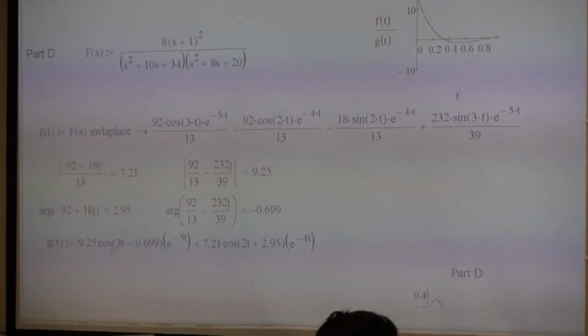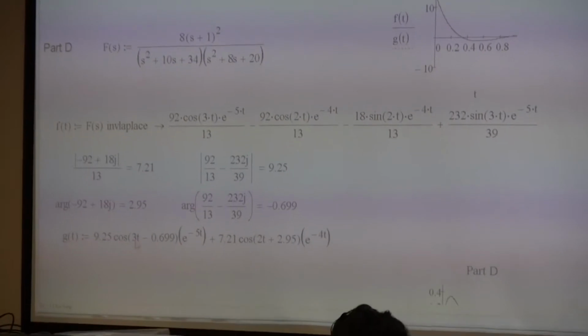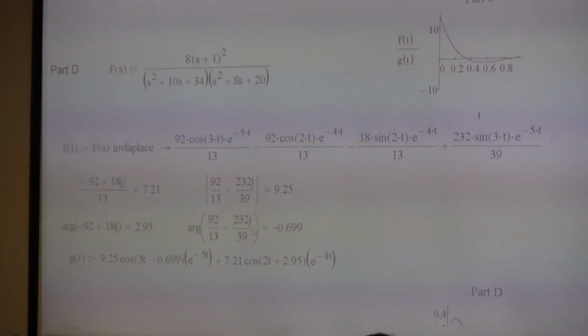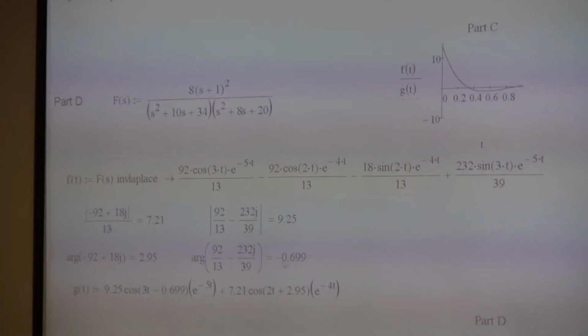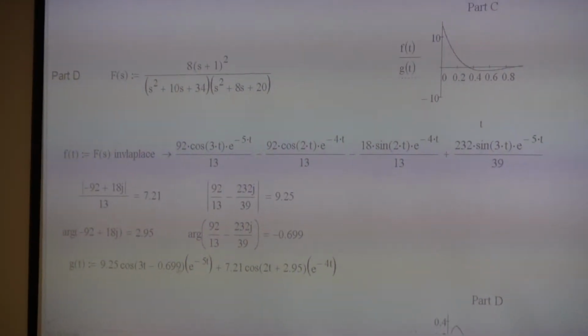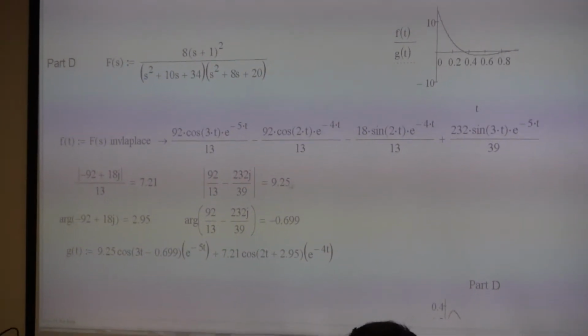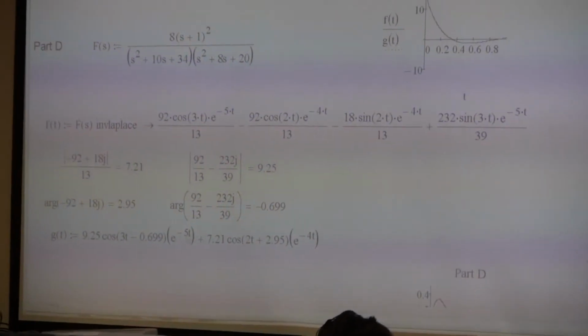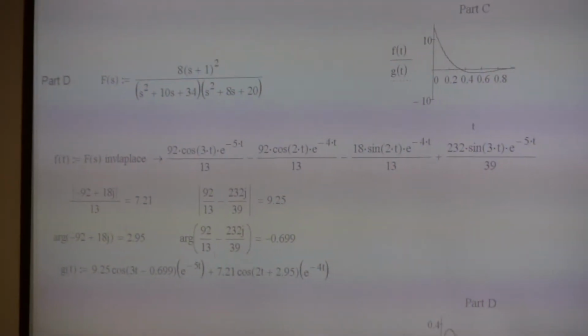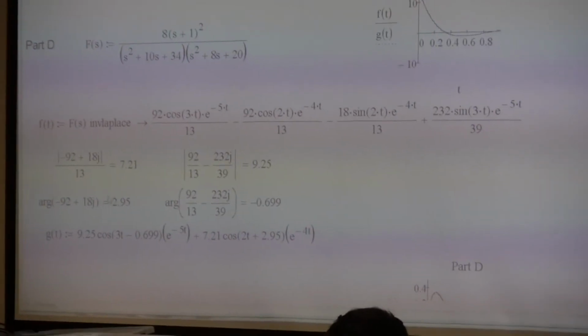So we can convert these things in this way, so that the 3t is picking up the argument here, the phase angle here, and its magnitude from here, and the 2t is picking up its magnitude from here and its phase angle from here.